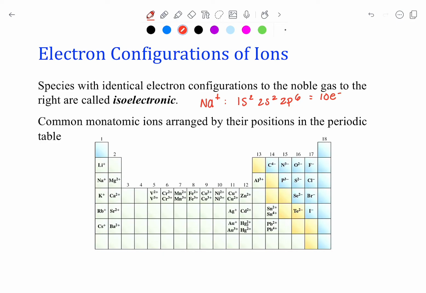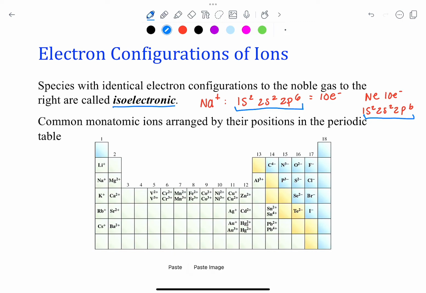Now let's look at our periodic table. What other element also has 10 electrons? Well, neon does. Neon has 10 electrons, and it has an electron configuration of 1s2, 2s2, 2p6. So, because these have the same electron configuration, they are considered isoelectronic.